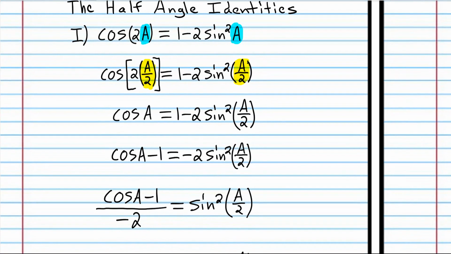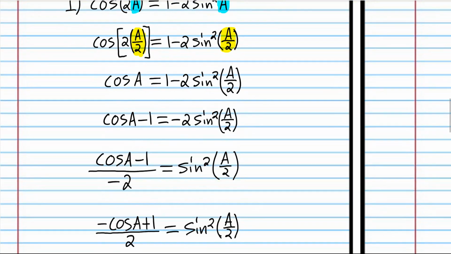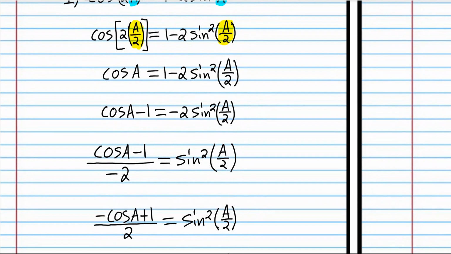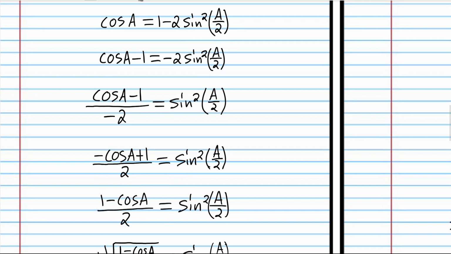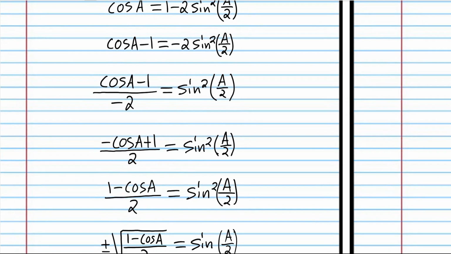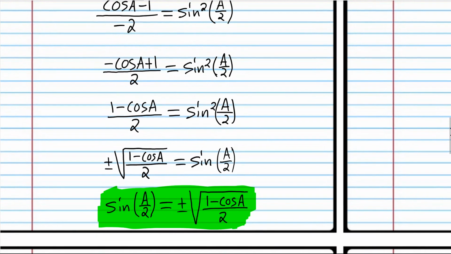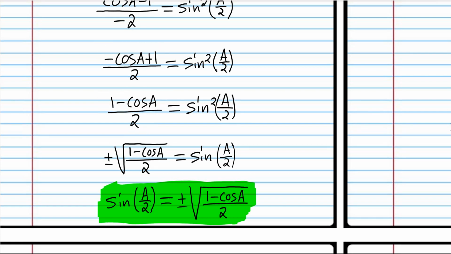Now we're going to isolate sine a over 2 by subtracting 1 from both sides and dividing both sides by -2. Then we're going to square root both sides because we have sine squared a over 2. But before we do that, we'll rearrange these terms just to make them look nice and neat.